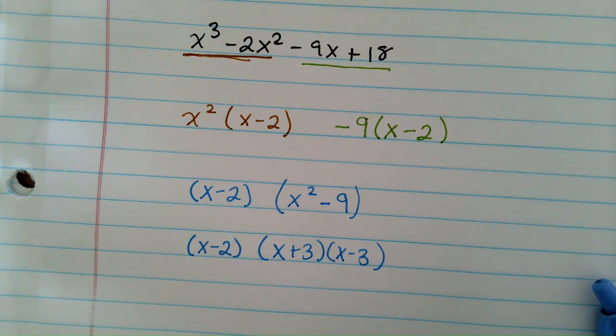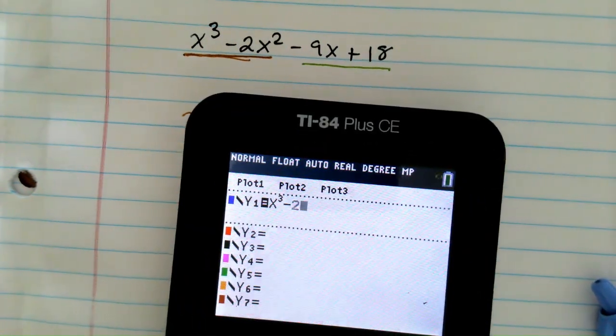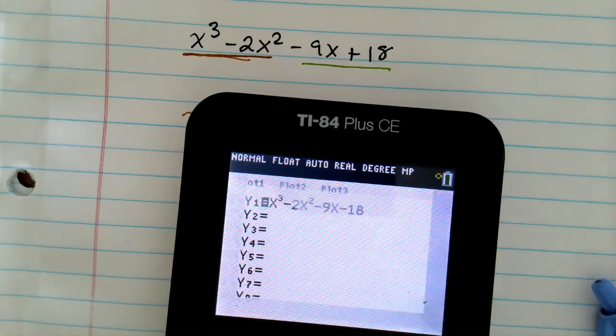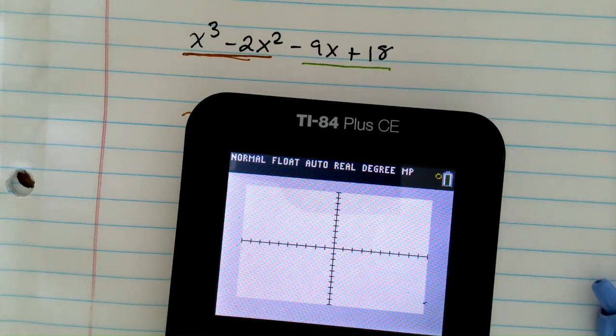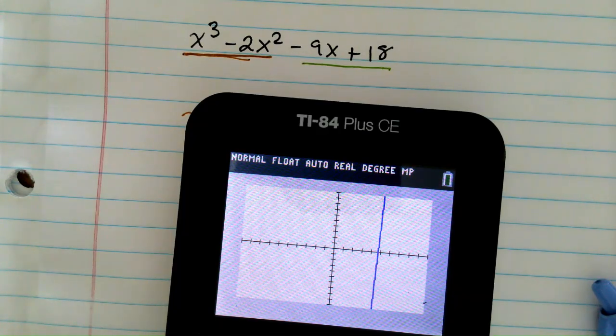And for those of you who are wondering, x to the third minus 2x squared minus 9x plus 18, when I graph this, by the way, if your calculator's graphing slow, I'm going to hit the on button. Plus I typed it in wrong.